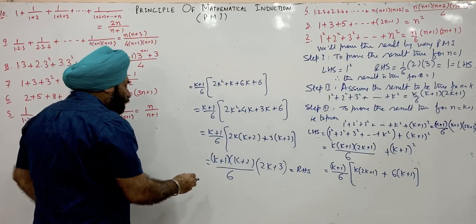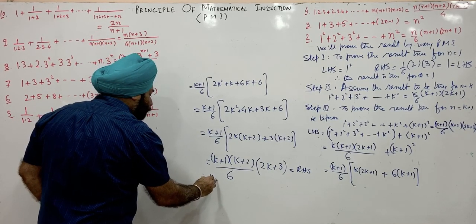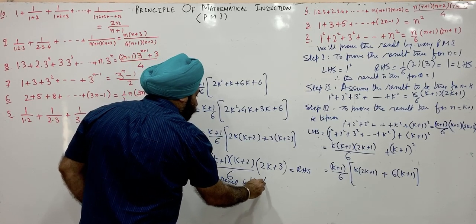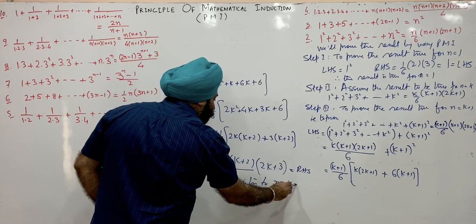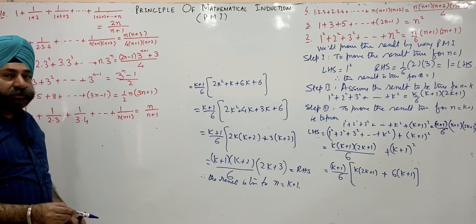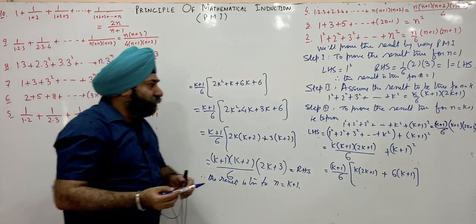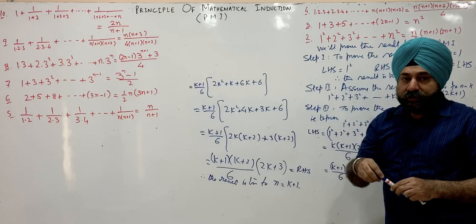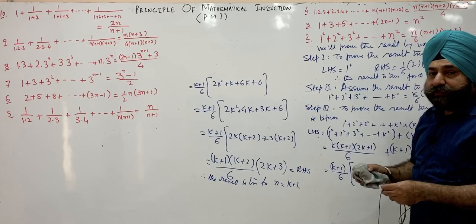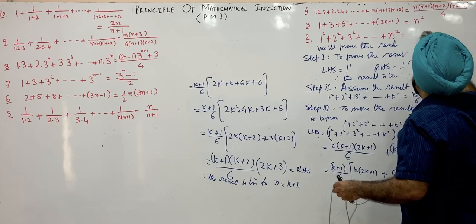So what we have proved is the result is true for n is equal to k plus 1. The last line that will be in every question. Therefore by principle of mathematical induction, the result is true for all n which belong to set of natural numbers.